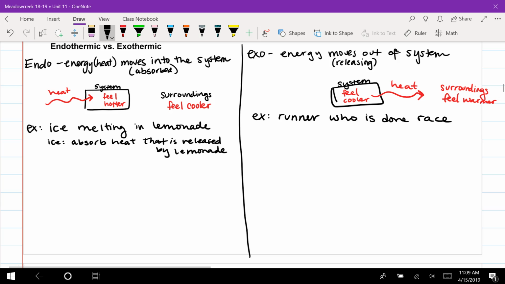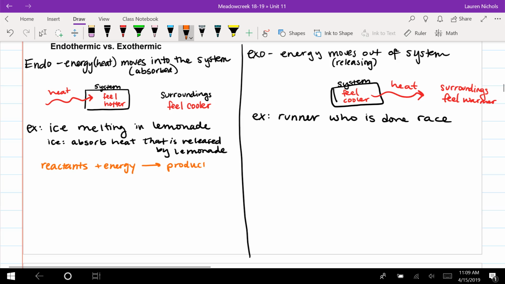Now, these are physical processes that we're describing, but a chemical reaction can also be classified as being either endothermic or exothermic. For an endothermic reaction, you're going to have your reactants plus energy make your products.